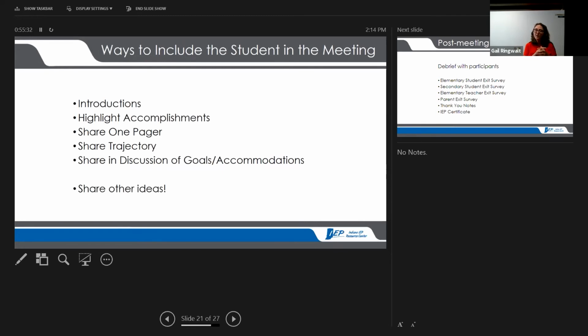And again, these are sometimes the things like a PowerPoint or the one pager, or like if you have a student who is keeping track of their own kind of progress monitoring on a graph, you can incorporate those things into whatever you're working on. It doesn't have to be like in a separate activity, obviously.